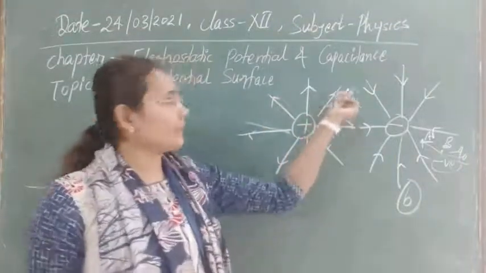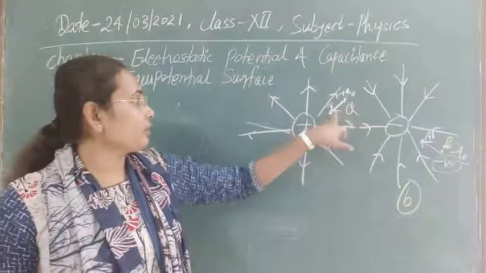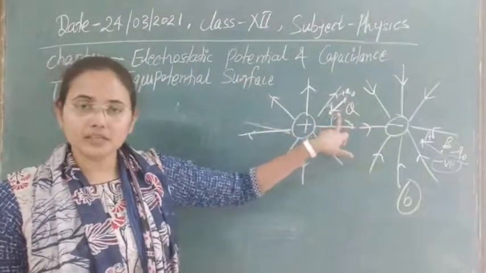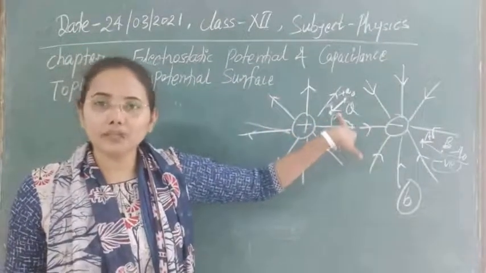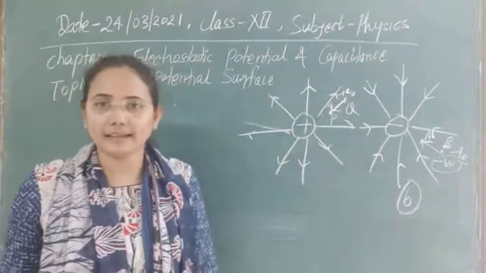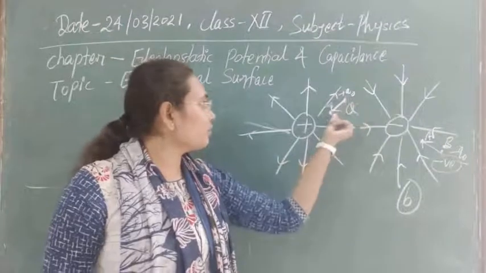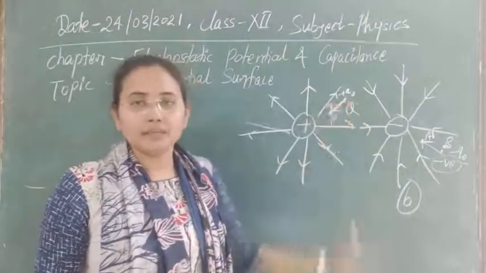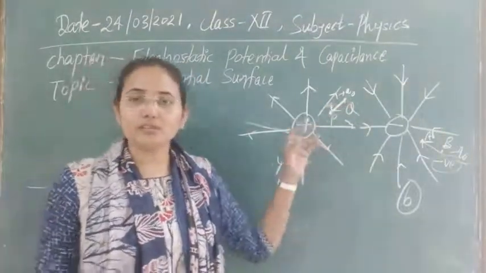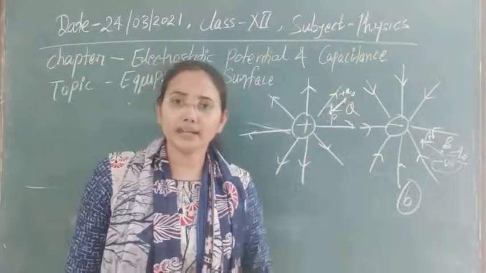Next, one more question can be asked. Suppose we have a negative charge moving from P to Q in this field. What will be the effect on the kinetic energy there? Whenever a negative charge moves from P to Q, as the source charge is positive, it will apply an attractive force.